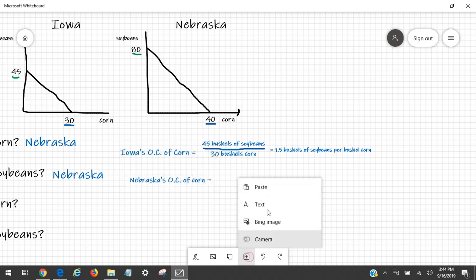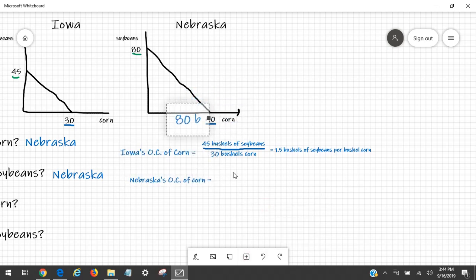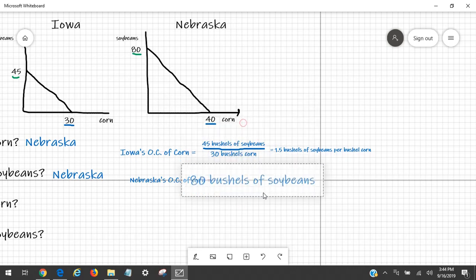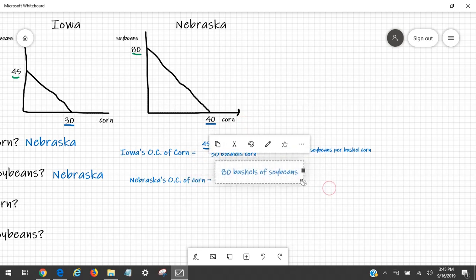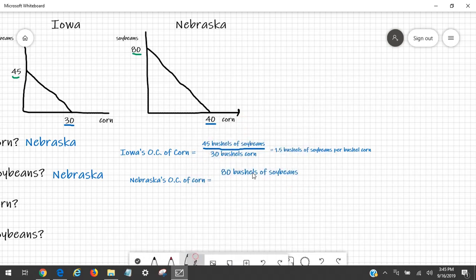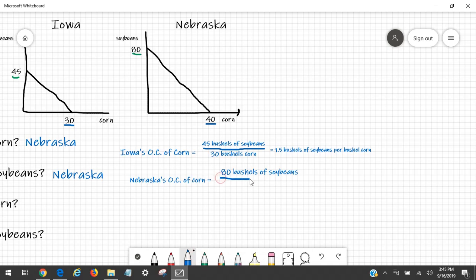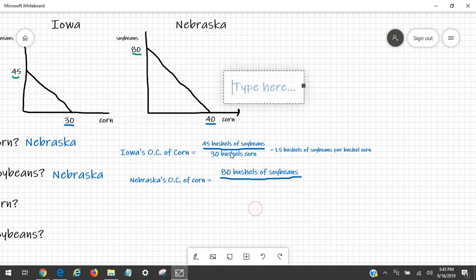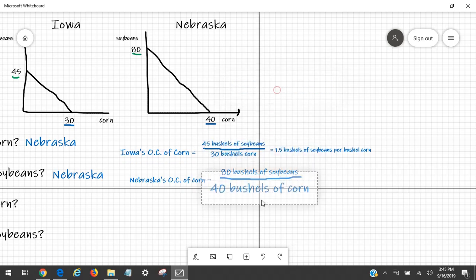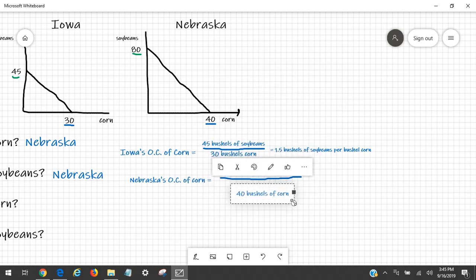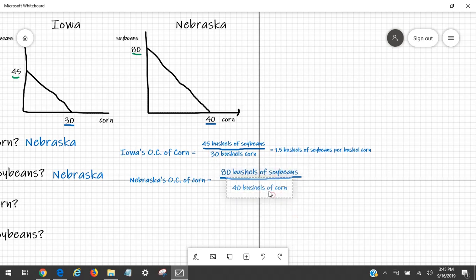So that's going to look like 80 bushels of soybeans divided by 40 bushels of corn, and 80 divided by 40 is equal to 2.